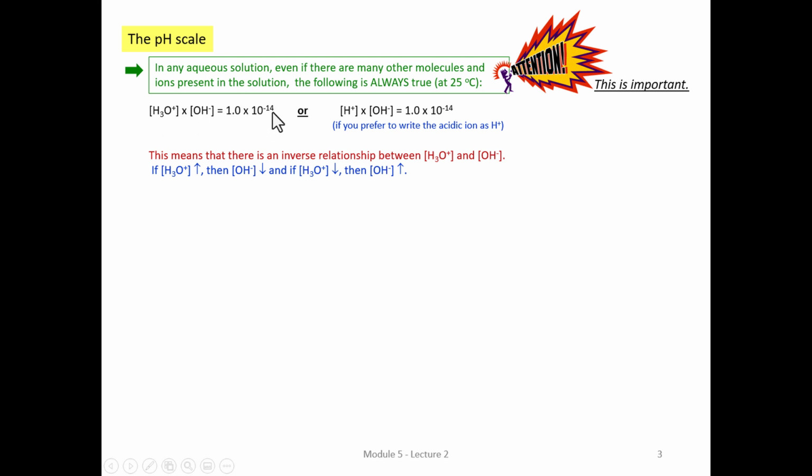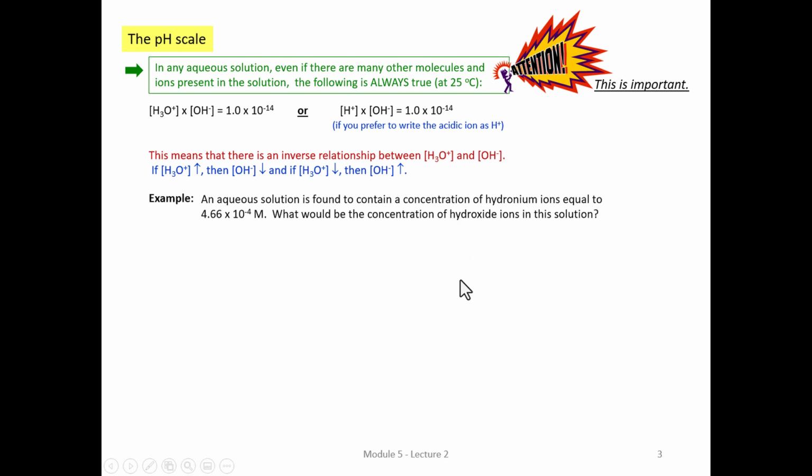If you did something to increase the concentration of hydroxide, then the hydronium ion concentration would have to drop in order for the product of the two to always equal 1 times 10 to the minus 14.